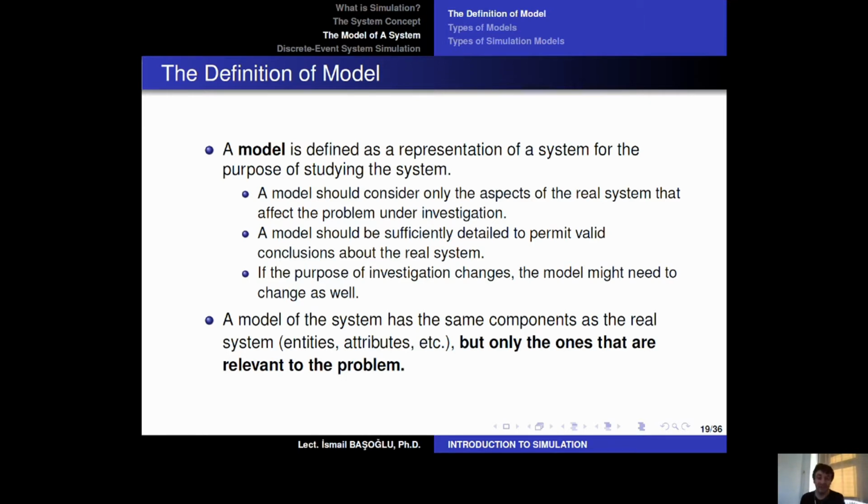A model of the system has the same components as the real system. For example, it has entities as well. It has attributes. It has state variables and events and activities. But we just take these components if they are relevant to the problem, okay? So not every detail, not every attribute, not every event, not every activity is going to be taken from the original system.